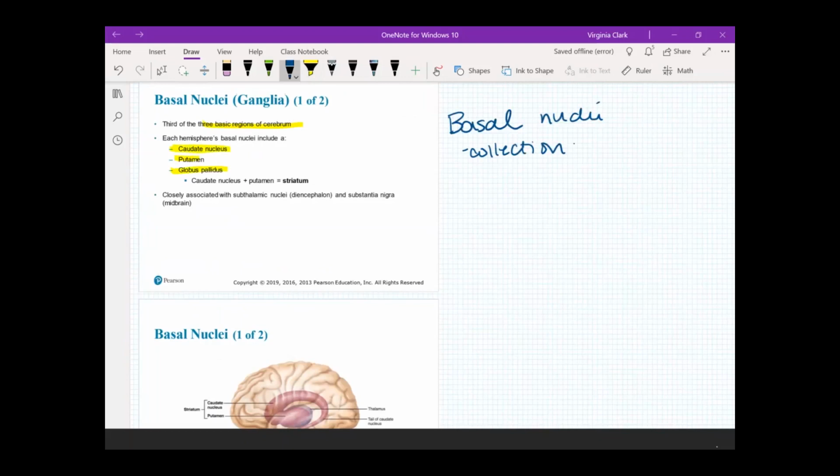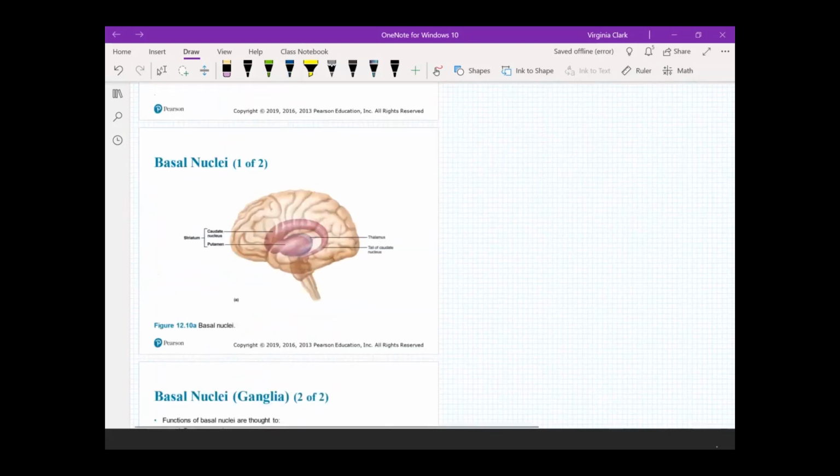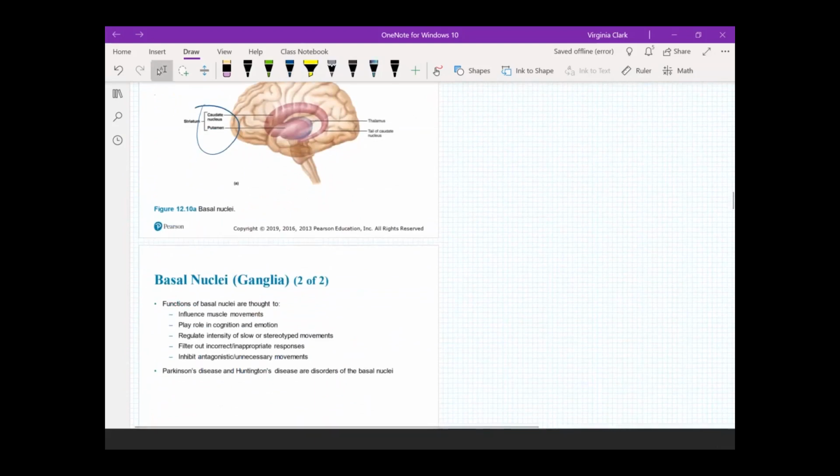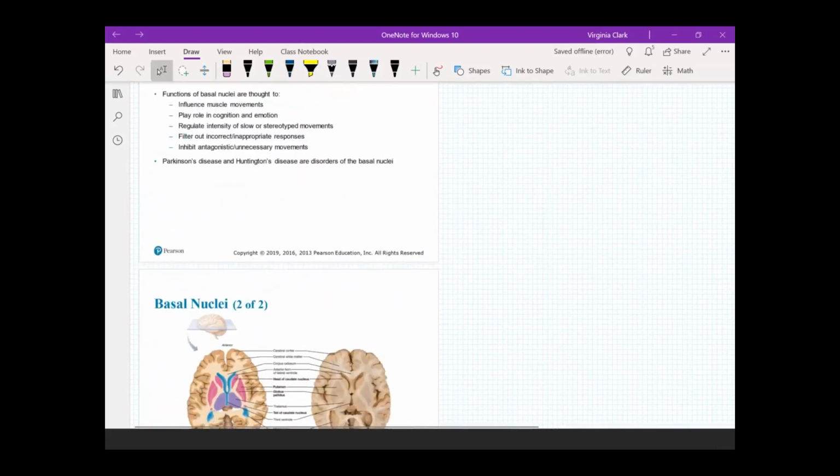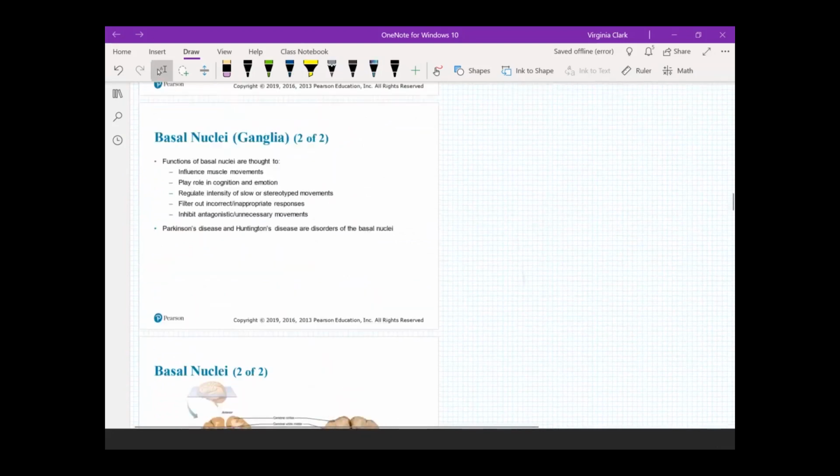While those cell bodies are very important and they all do different things, it's very complex how they all work together. So what I want you to know is that the basal nuclei, caudate nucleus, putamen, and globus pallidus, is essentially just a little group of cell bodies found together. You can see how they're three-dimensional with these three areas, because it is essentially just a collection of cell bodies. But they have a really important function.